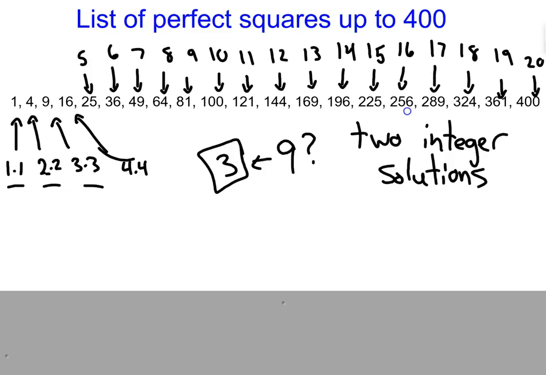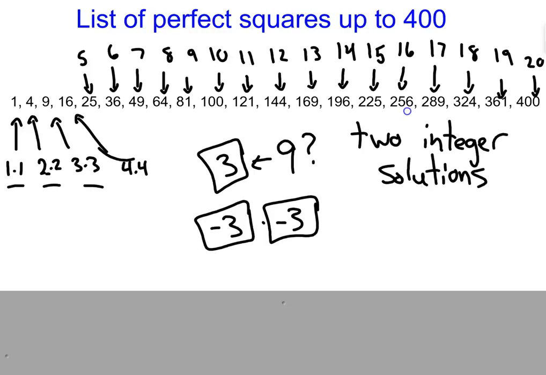The important word here is integer. Remember, an integer is a whole number and its opposite. So what is the opposite of 3? That's right, negative 3. Well, just think for a second. What is negative 3 times negative 3?